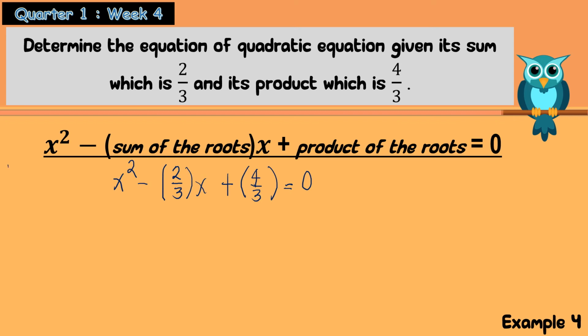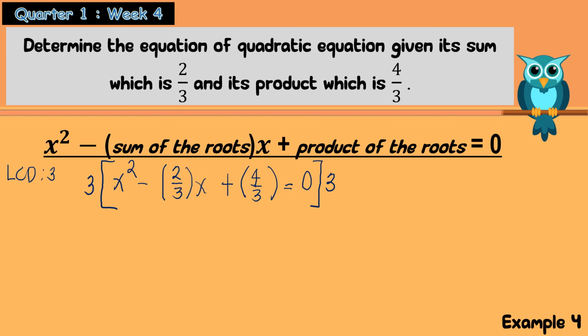So, since the LCD is 3, we're going to multiply both sides of our equation by 3. Okay? We're going to apply here the multiplication property of equality for us later on to cancel out our denominator, which is 3.